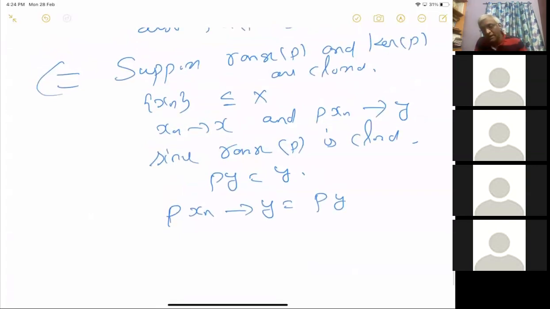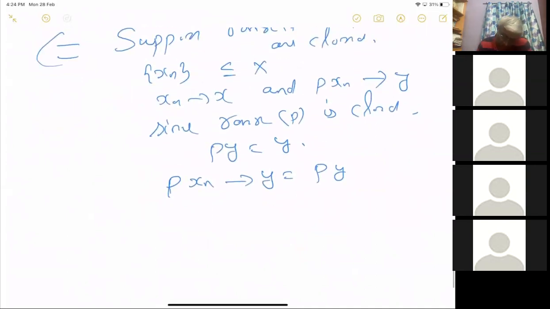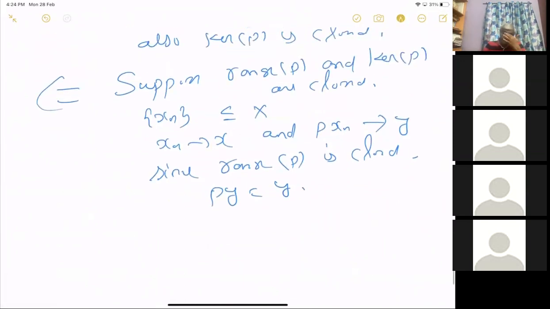Oh, I have to use the I minus P. The kernel of P is closed. That's also what I have to use. So I have to use both of them. I have used that y is in the range.